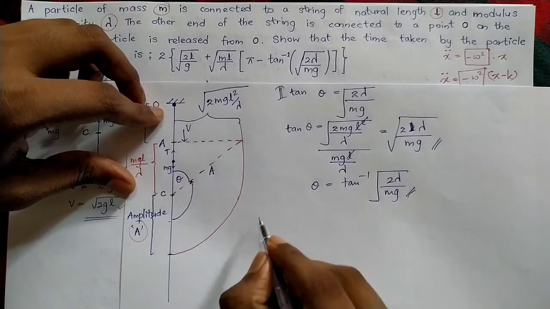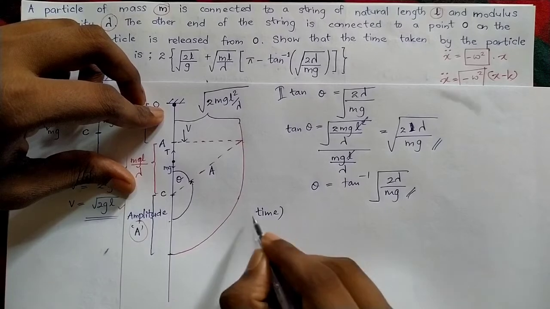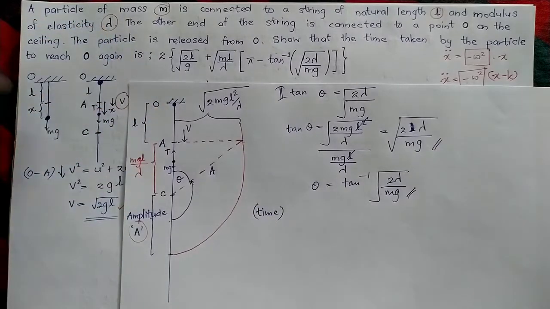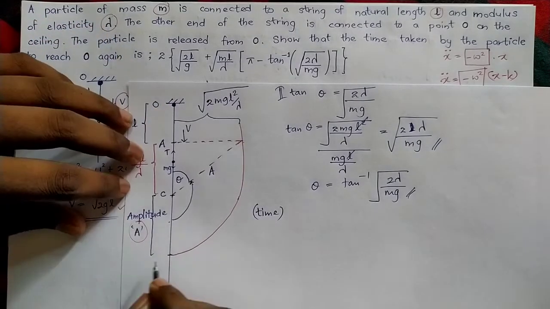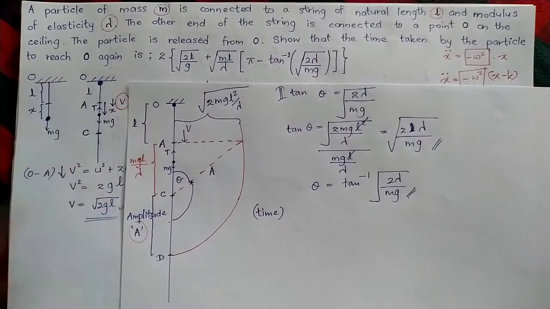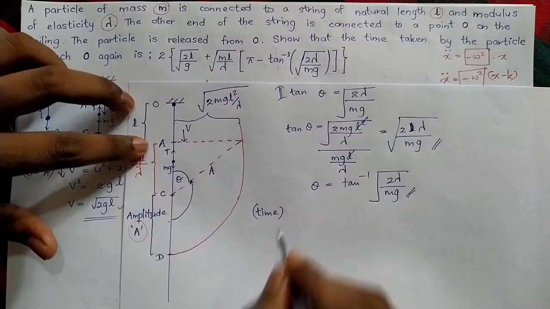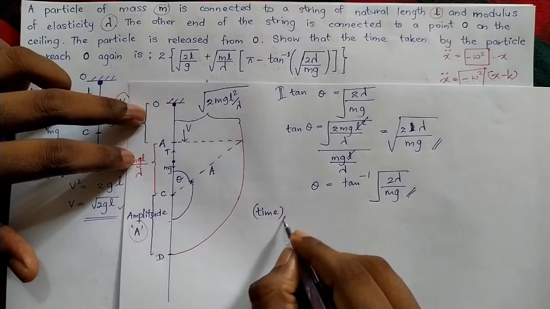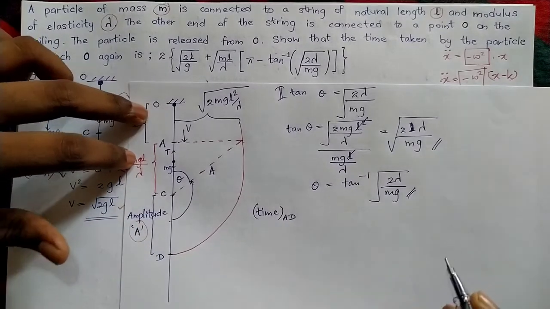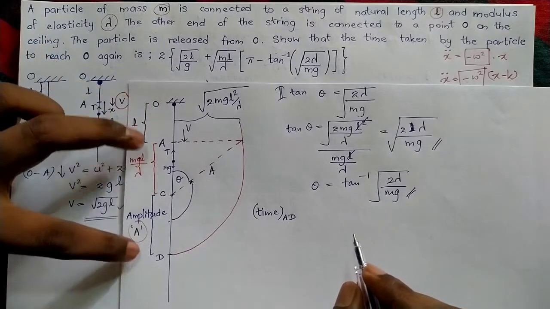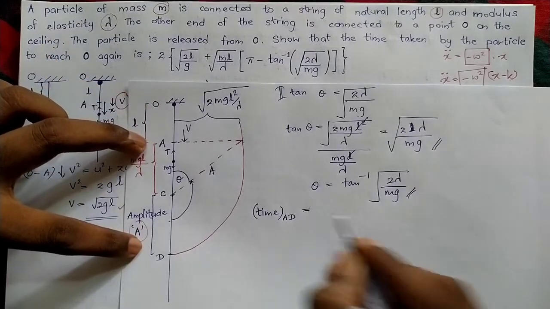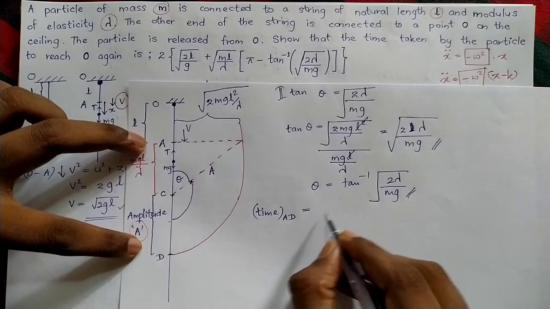Then the time taken by the particle to travel from this location, let me label that as D, D to A or A to D, both times are equal. Let's mark it as AD. The time taken for this movement is given by the total angle covered.